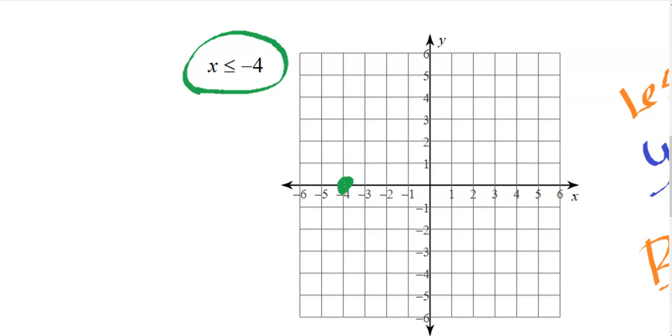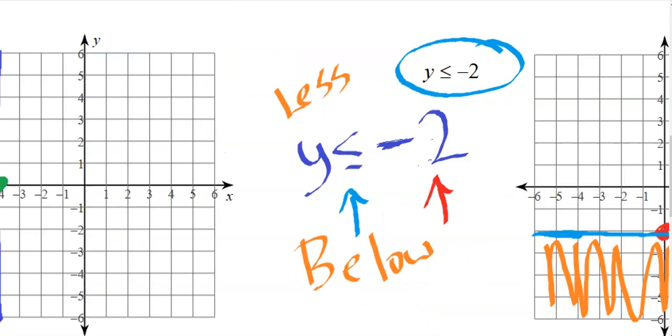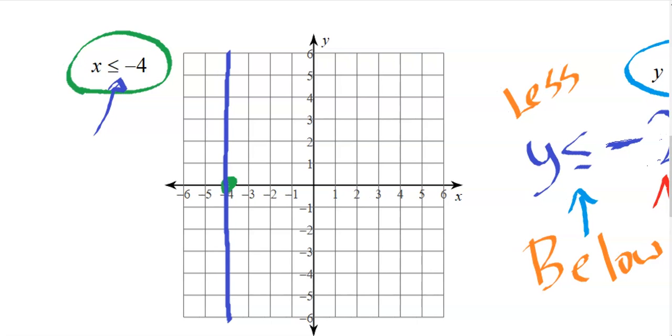This one is giving us an x-intercept, and it's saying -4. Since that is less than or equal to, this line is going to be solid, but it's going to cross the x-axis this time. Earlier we looked at one where it crossed the y-axis because it said y is less than or equal to -2. This one says x is less than or equal to -4. If it's just an x, it's going to cross the x-axis.